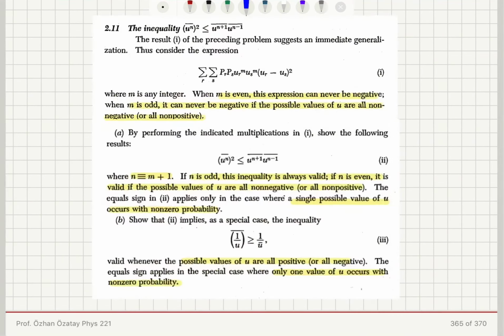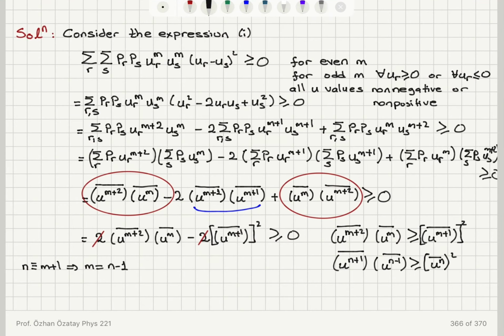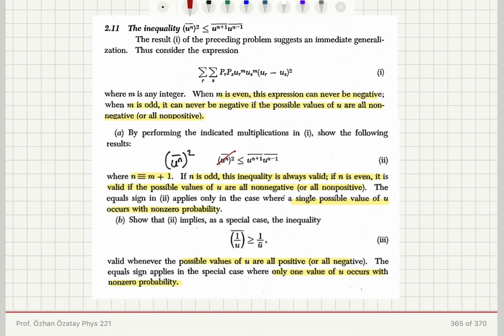So this should be written as u to the n mean value squared, rather than u to the n squared mean value. So you can see that's what we have obtained here. Okay, so that's basically the result for part A.